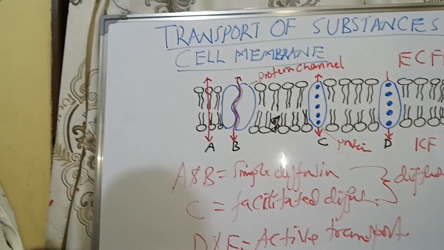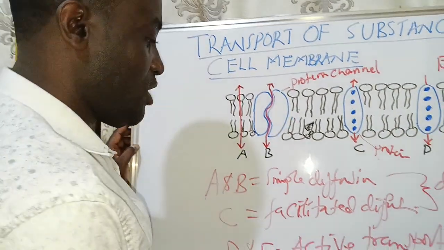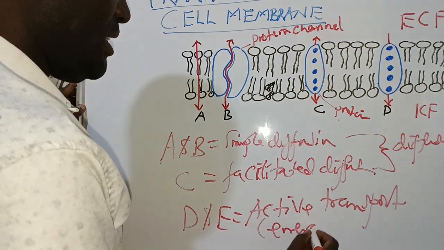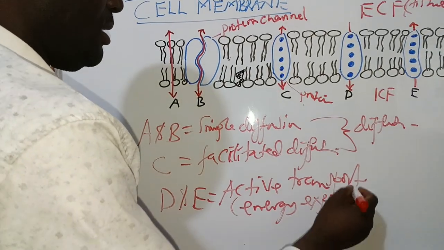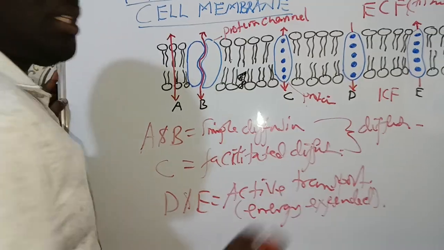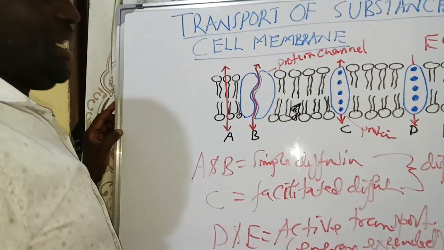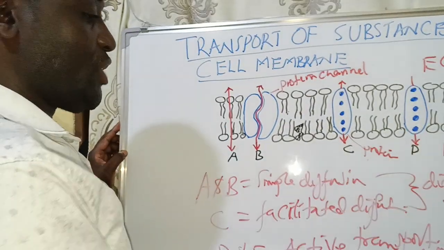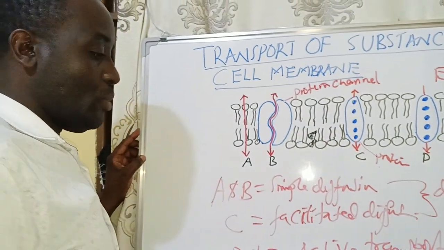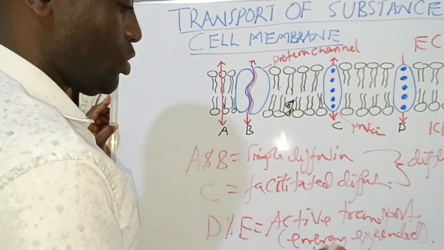D and E is active transport. In this type of transport, energy is expended. In this category of transport, energy is utilized, so there is a consumption of energy in form of ATP for materials to be transported.